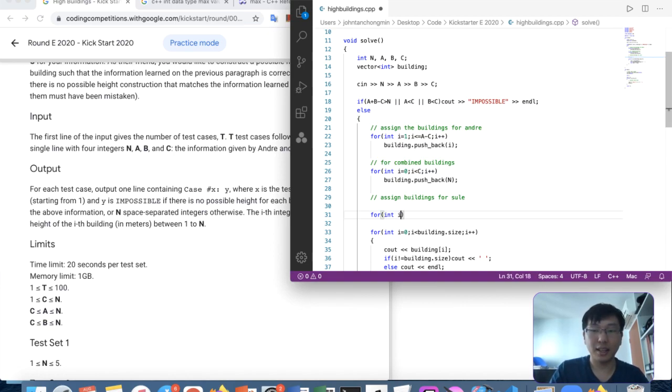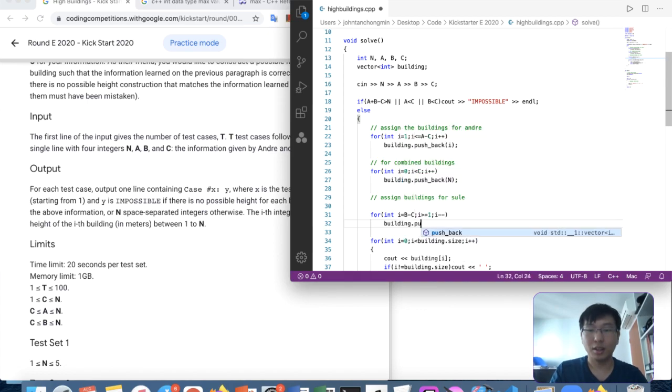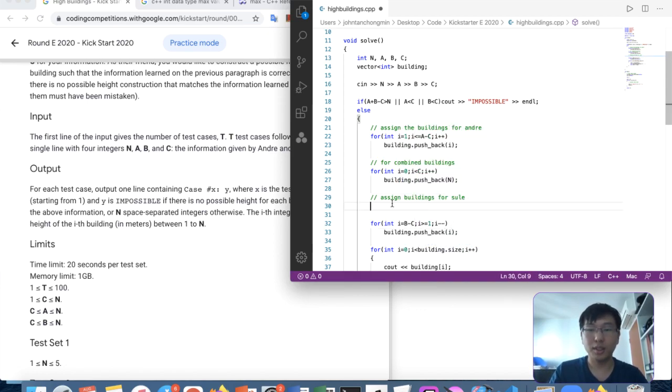For int i equals b minus c, i greater equals 1, i minus minus. So this will print from b minus c down to 1. These are the buildings that you can see from the front. So building push back i.